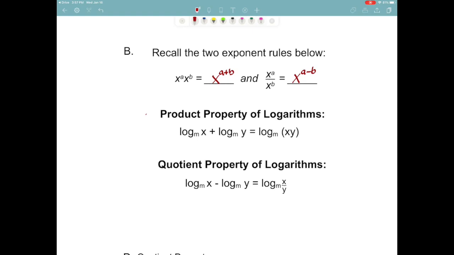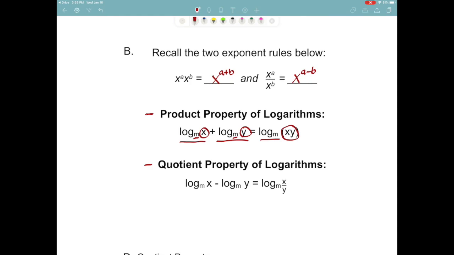Our product property of logarithms and our quotient property of logarithms follow these same exponent rules. If we add two logs with the same base, we can combine them and write them as one log with the product of their values. Same thing with the quotient property.